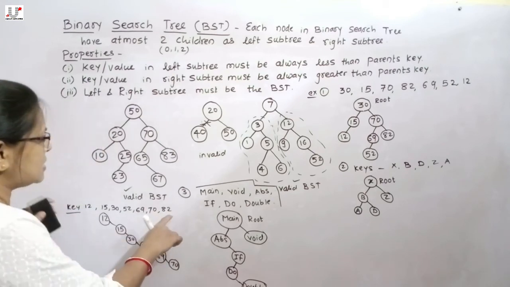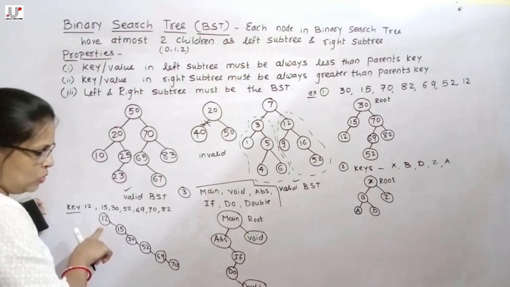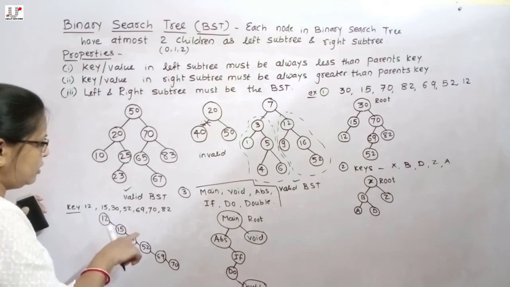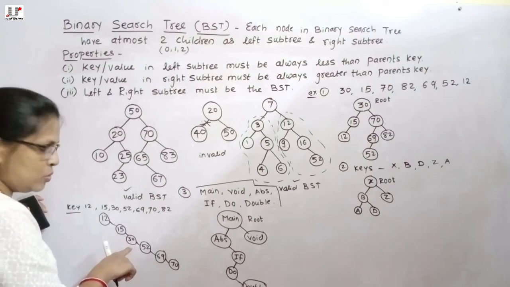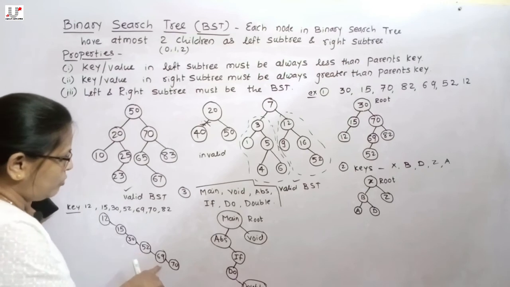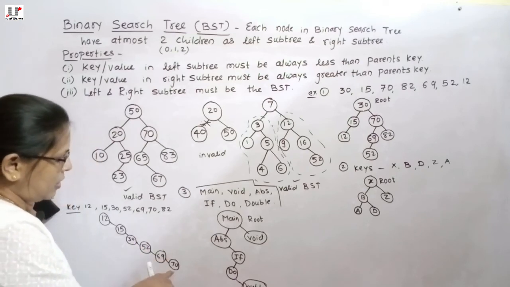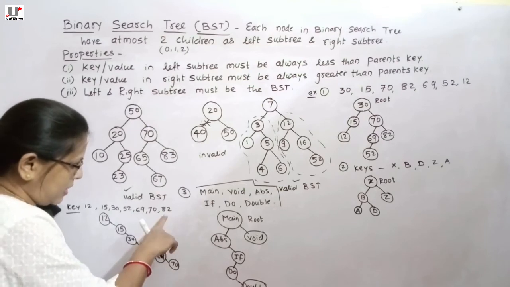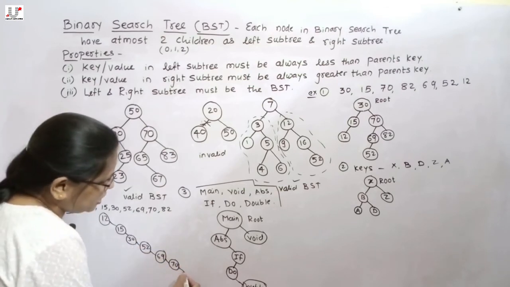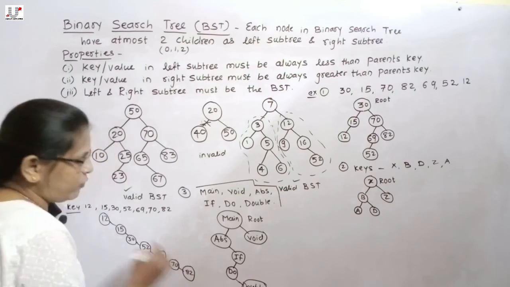Then the last element is here 82. Compare it with root, greater than 12, move to right. Greater than 15, move to right. 82 still greater than 30, move to right. Greater than 52, move to right. It is greater than 69, then again move to right. Again compare that 82 with 70, it is greater than 70, so 82 gets added as a right child of 70.